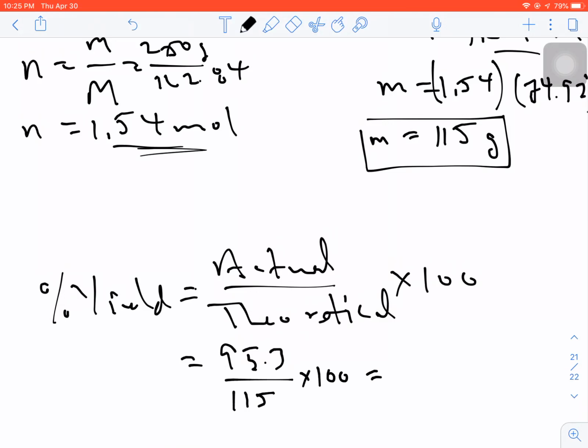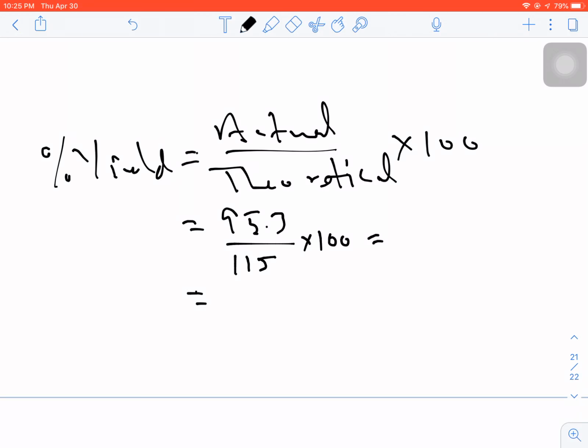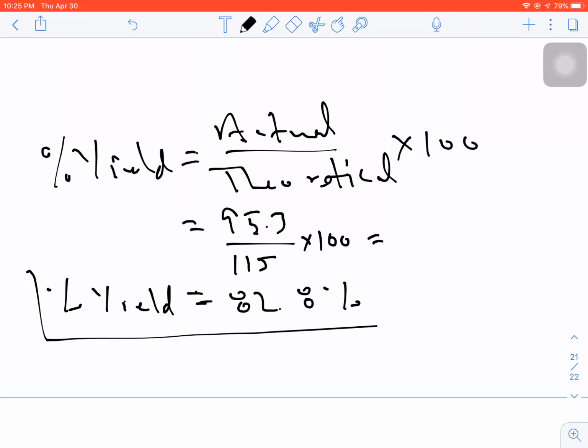So let's do it. 82.8%. Okay, so when I did this lab, I recovered 82% of what I thought I was going to get.